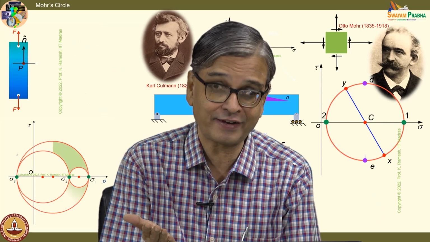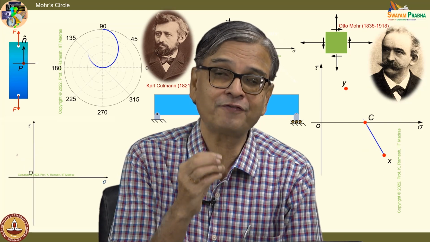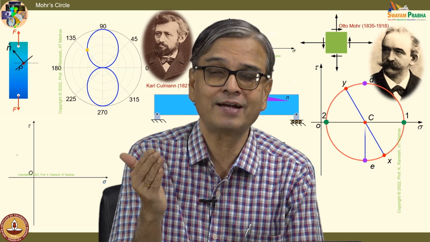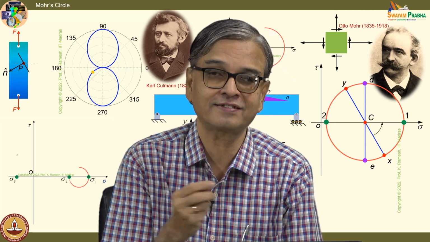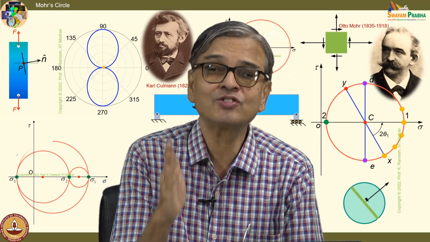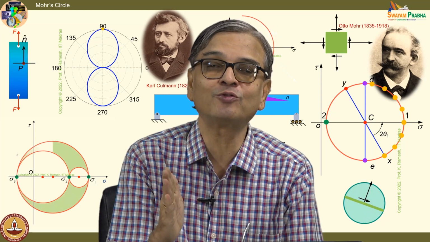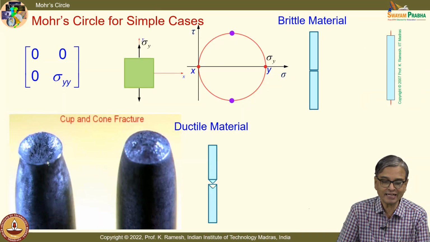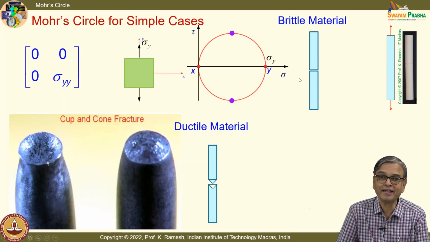These planes are different. See, one of the difficult concepts in stress is, we are also going to have a detailed discussion on a free surface. When you take a point, what happens on a plane is what you have to look at. You can have infinite number of planes. If I have a plane like this, which is the y plane, on which I will have the maximum normal stress.